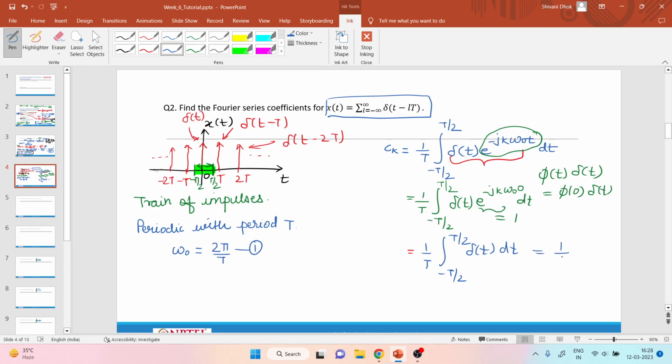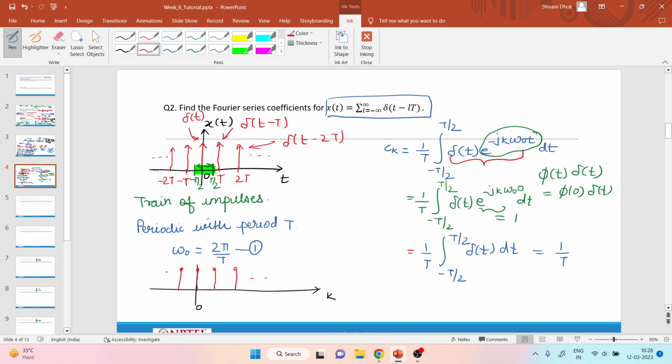So this is simply 1 by T. So if I have a unit impulse train, its Fourier series coefficients take value as 1 by T for all k. So if I just plot it, this is the k axis, this is 0, then my Fourier series will be simply 1 by T, 1 by T, 1 by T, and so on.